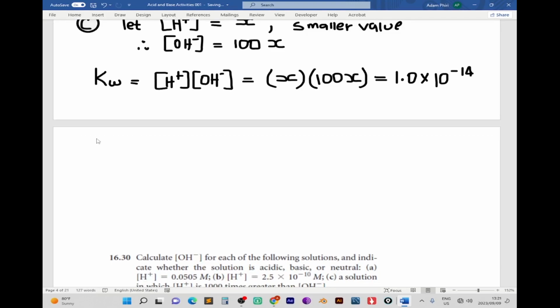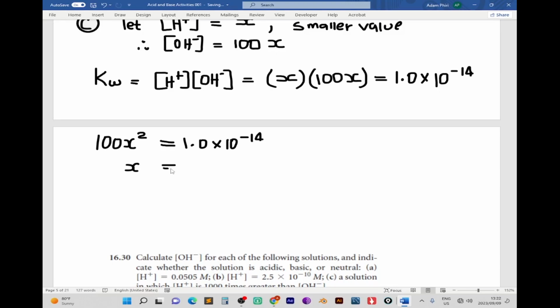Then we simplify: 100X times X is 100X squared, to give us 1.0 times 10 to the power negative 14.